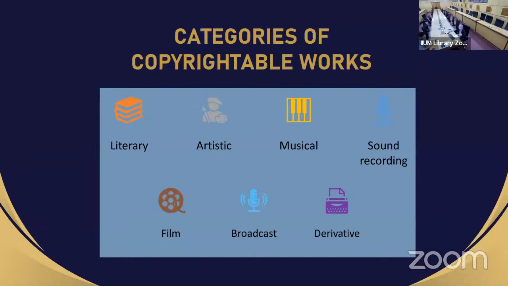Second, it must be in a physical or tangible form that we can see, so it can be copyrighted. And also it must fall into these 7 categories: literary, artistic, musical, sound recording, film, broadcast, and also derivative.